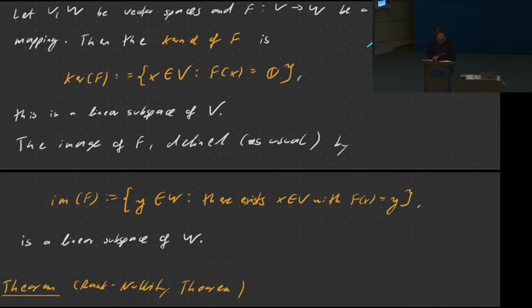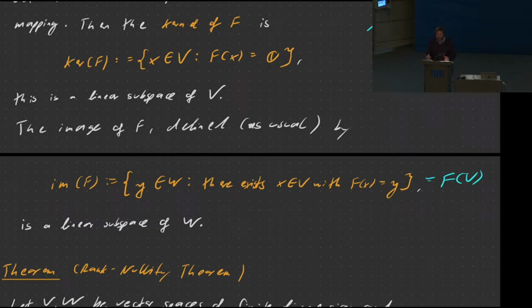And then we also have the image. The image is, as for all possible mappings, just defined by all possible y that can be written as some f of x, right? So all f of x where x is in the domain. Okay, so you could also say this is the same thing as f of V. And this also is a linear subspace for linear mappings, not in general, but for linear mappings it is.